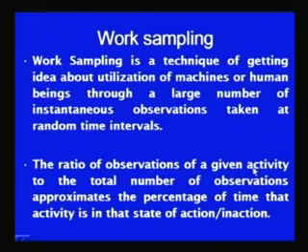The ratio of the observations of a given activity to the total number of observations approximates the percentage of the time that activity is in a state of either action or inaction. So, depending upon the total number of observations carried out on a shop floor, how many times a particular machine is found to be in action or inaction is quantified.